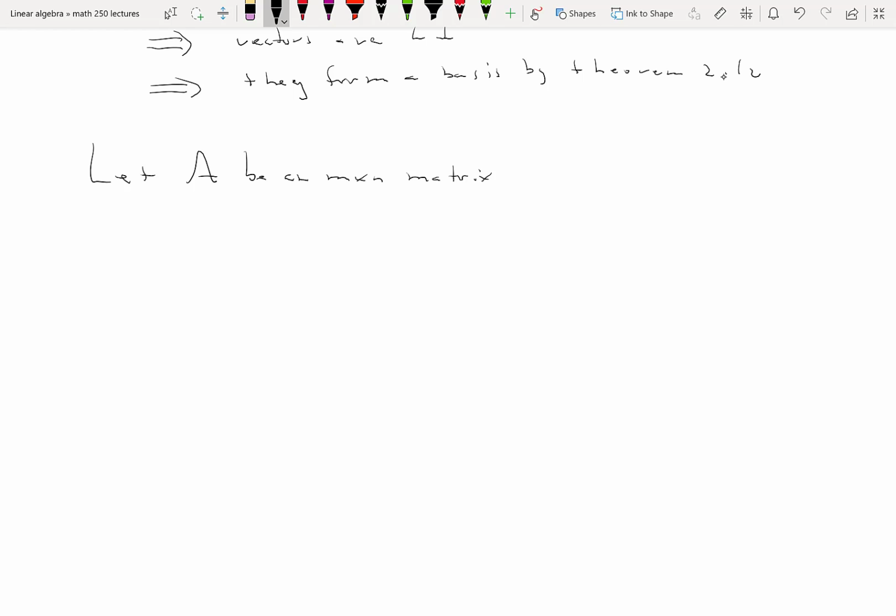Let's consider the set of all x in Rn such that Ax equals 0, where 0 is m by 1.